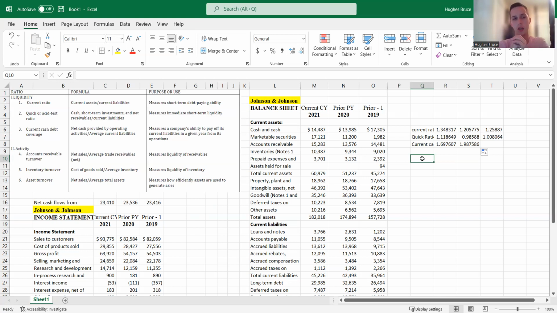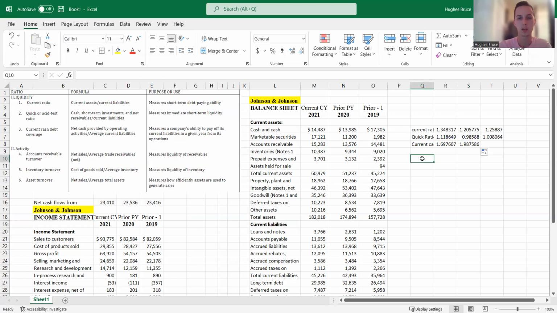The first one we're going to look at is the accounts receivable turnover, which basically tells us how many times we go through our accounts receivable. And this kind of tells us if we're collecting on those accounts receivables enough, or the liquidity of them.